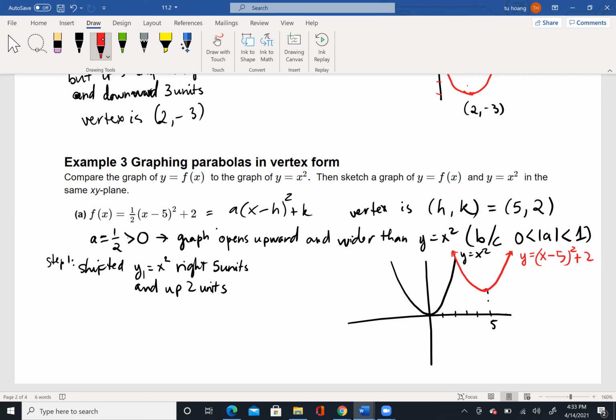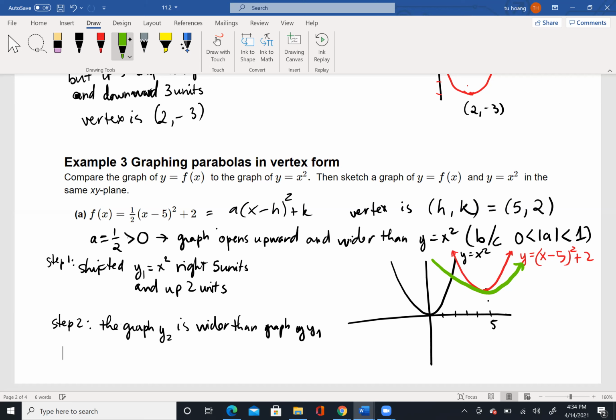However, step 2, the graph y2 is wider than the graph of y1. So I will make this wider, like that.